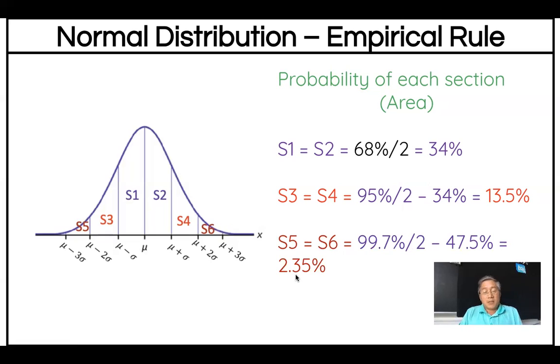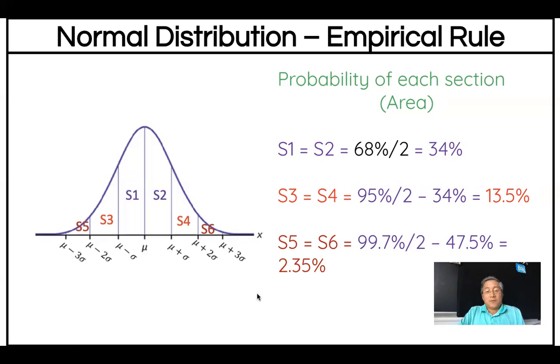Just practice with this, how to calculate the percentage for each section. 1 standard deviation, 68%, 2 standard deviations, 95% of data is there, right? And the 3 standard deviations, 99.7%. This is what we learned in the normal distribution. This is the empirical rule. Always you can use that.